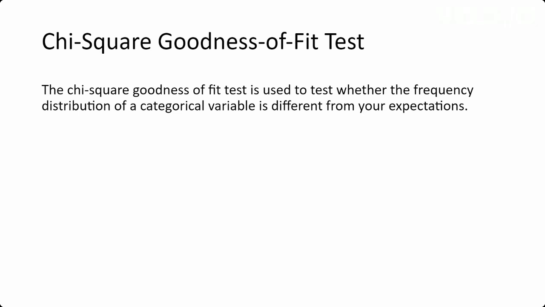So here we are looking at one categorical variable. What we mean by categorical variable is that it's not numeric. It's in word form. We are testing if the frequency of its distribution is as we expect. Is it normal, or maybe it's something else? Is it exponential? Does it follow a binomial distribution? So we're trying to test that.